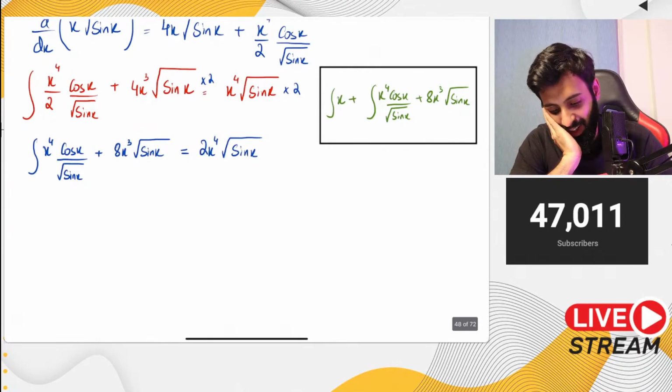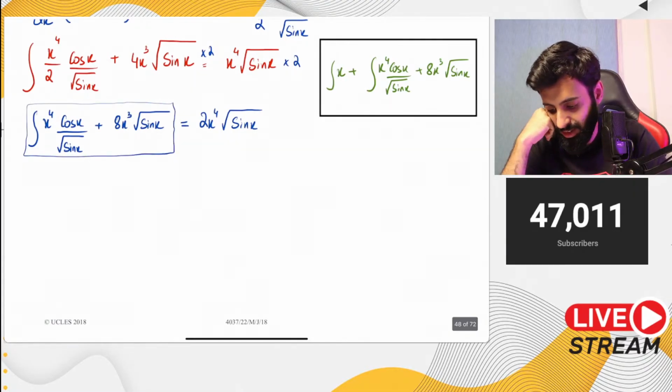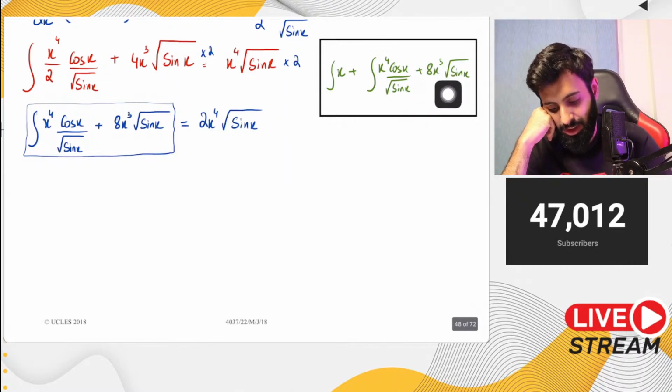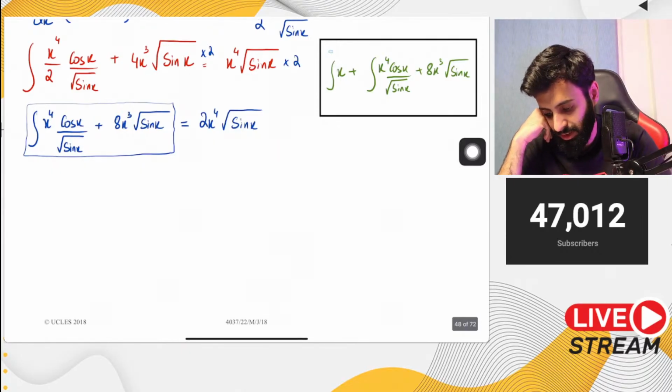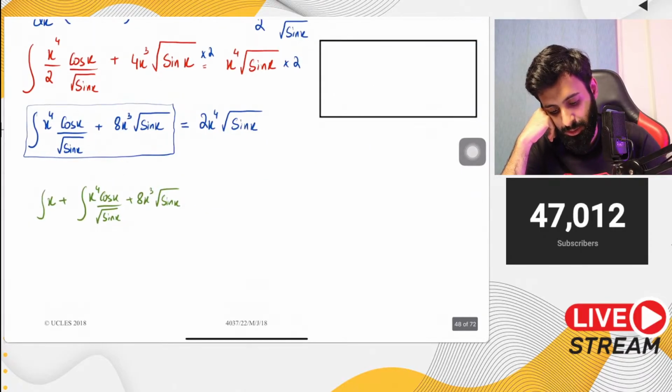Now note, we know part of the answer. We know the integral of x power 4 cos x upon root sin x plus 8x cube root sin x is equal to this. So let's bring this back over here. Now we know what this is equal to.